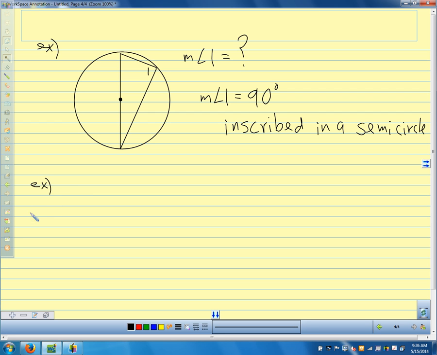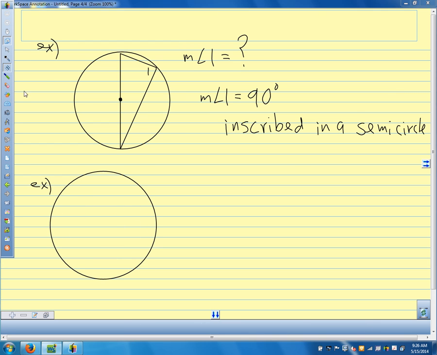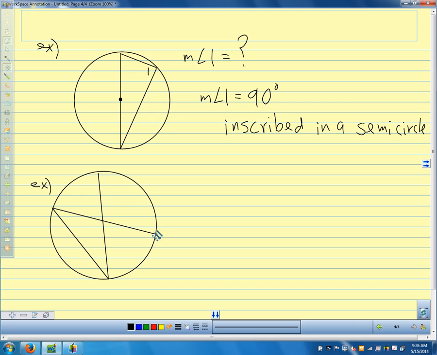Let's look at another one. A little more work involved in this one. Still not too bad. Here's my picture. And I'm going to call this point C, B, A. We're going to say that's 43 degrees.